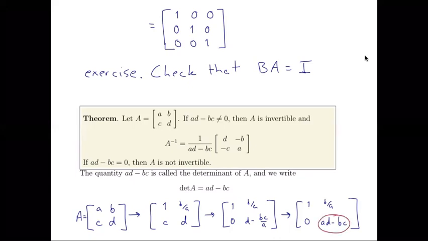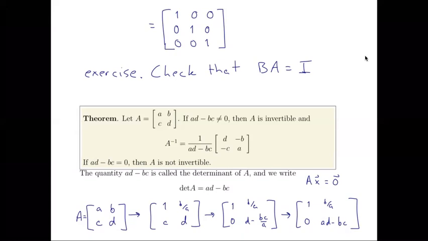If this were to be a 0, then we've got a row of zeros in A's echelon form, which means that it doesn't have a pivot position in this row, which means that it doesn't have a unique solution to the matrix equation AX equals 0, right, to the homogeneous problem. We'll have multiple solutions, right? Because we'll have a free variable if this is equal to 0. Namely, x2 would be free, right?